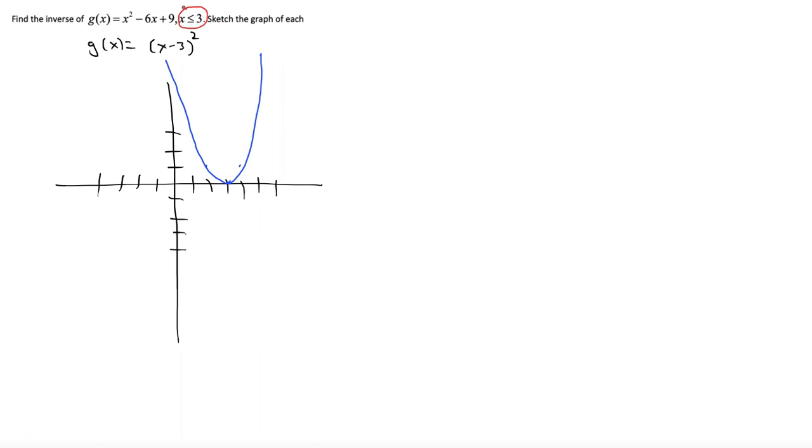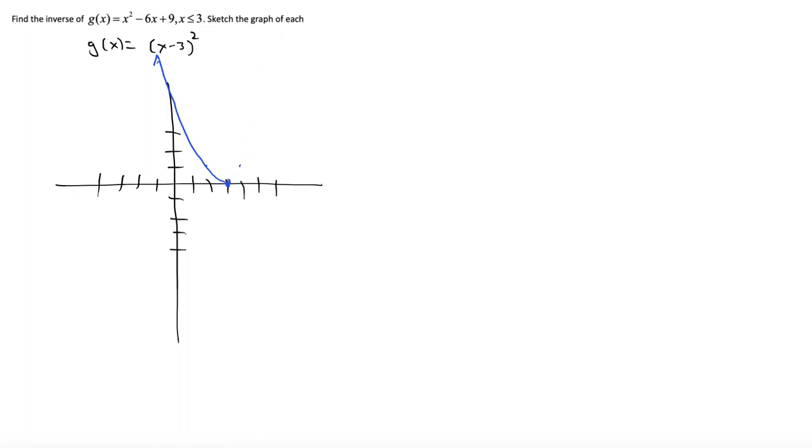It means that we're only going to take parts of this function where the x values are less than or equal to 3. Okay, here's 3. We're only going to take the part of the graph for the values of x that are less than or equal to 3. Essentially, we're only taking half of this function, basically half of the U shape.